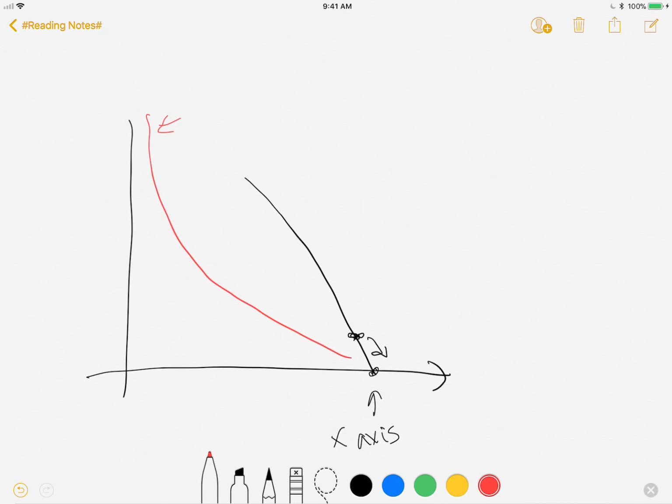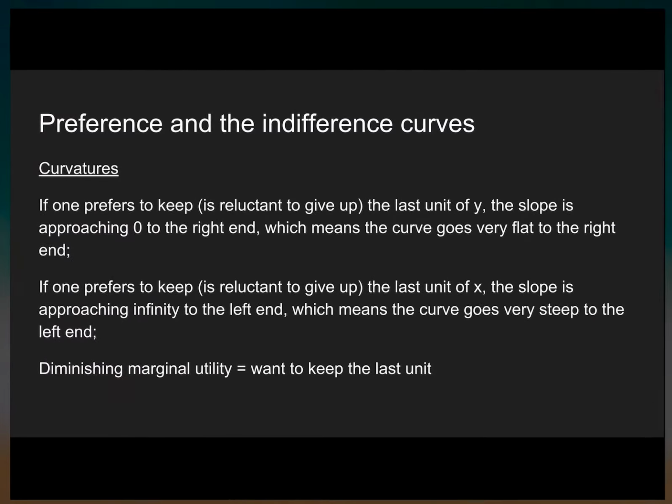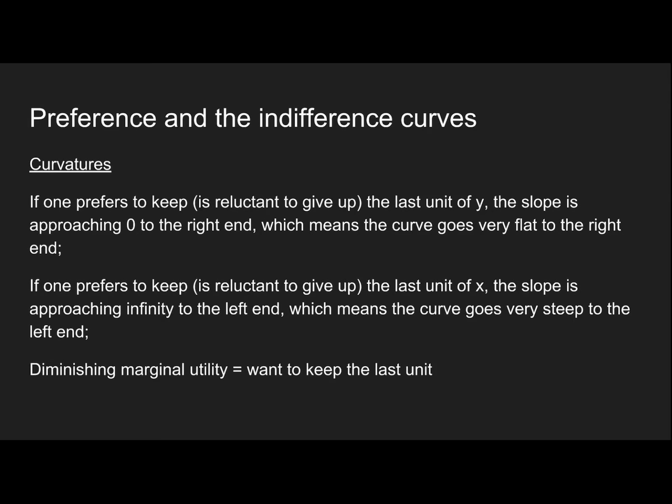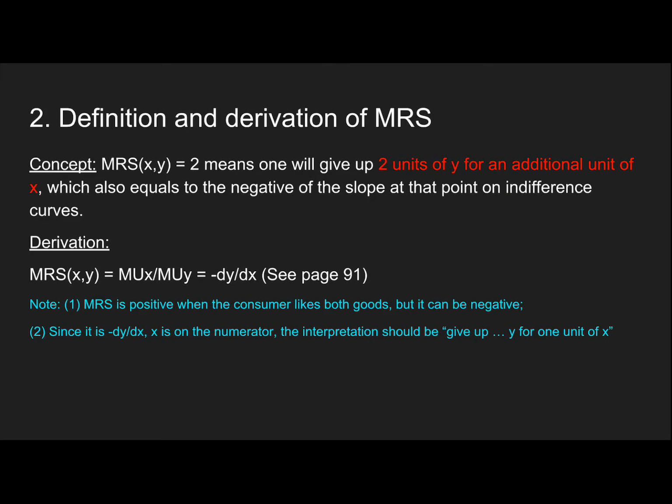So the slope will approach infinity, and the line is going steeper and steeper to the left end. So from that we can say diminishing marginal utility is the same as wanting to keep the last unit, right? Diminishing marginal utility means you always want to keep the last unit. It means the more you get, the less utility you can derive. Okay, so those are the 3 graphic features when you want to think about an indifference curve.